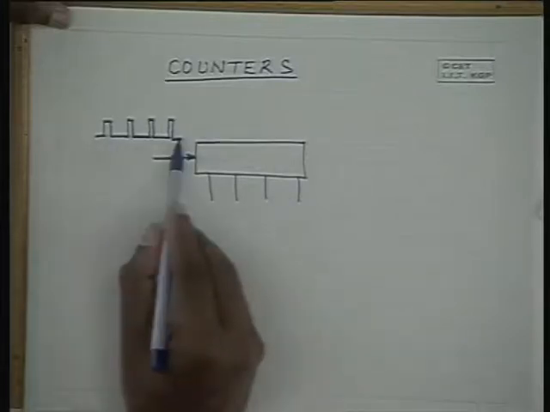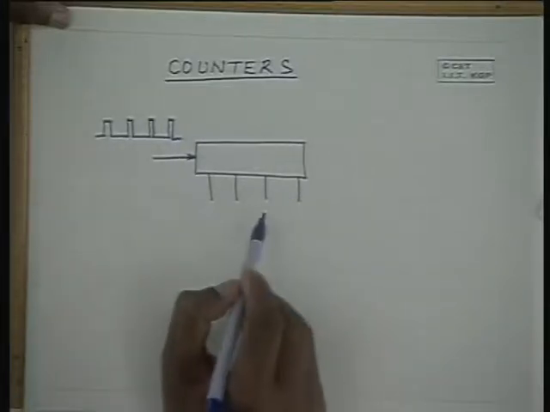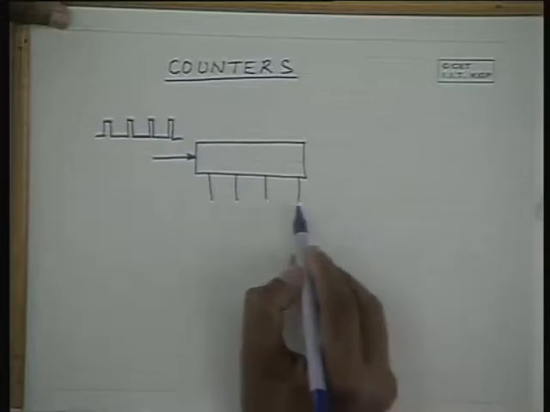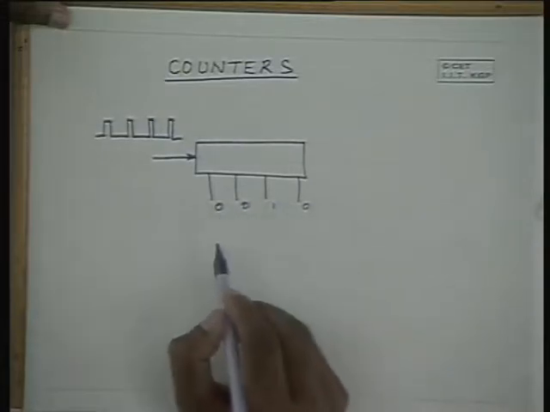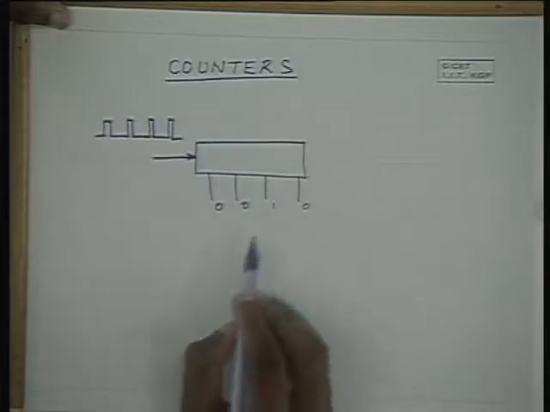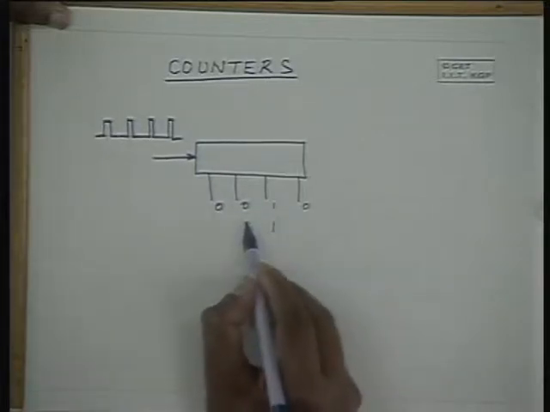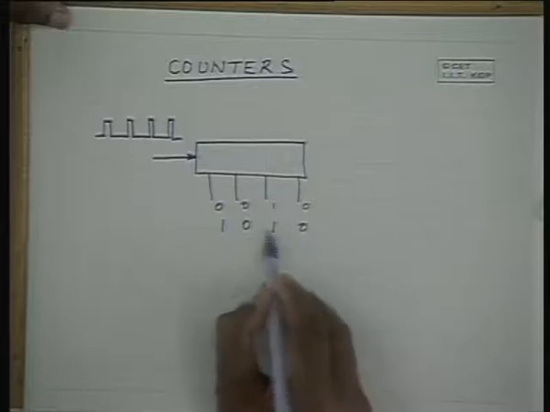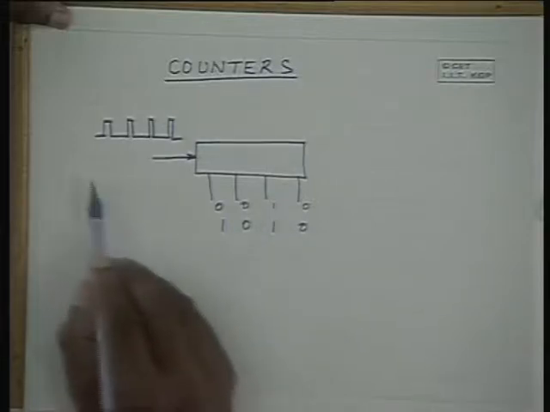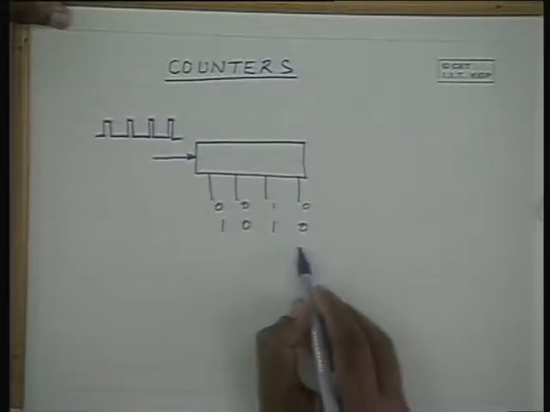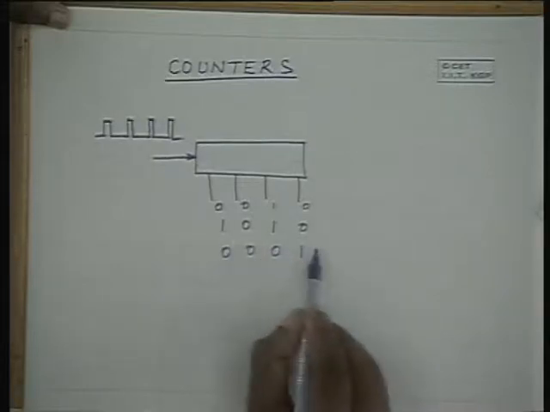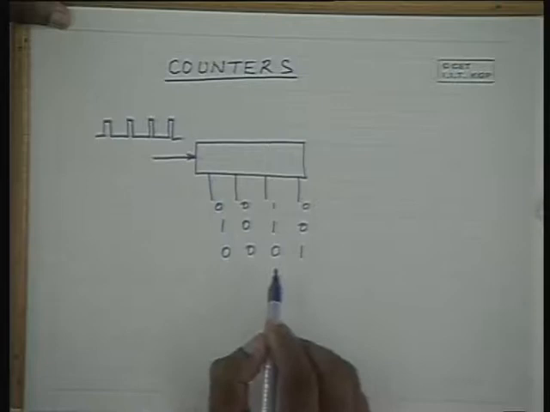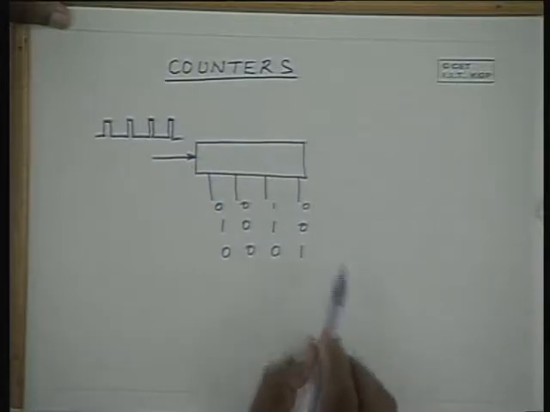If 4 pulses are applied, it will give you a binary equivalent of 4. That means it will be 0, 1, 0, 0. After the 5th clock pulse is applied, the count becomes 0, 1, 0, 1. For instance, after the 8th clock pulse, it becomes 1, 0, 0, 0. So this gives a binary number corresponding to the counter.